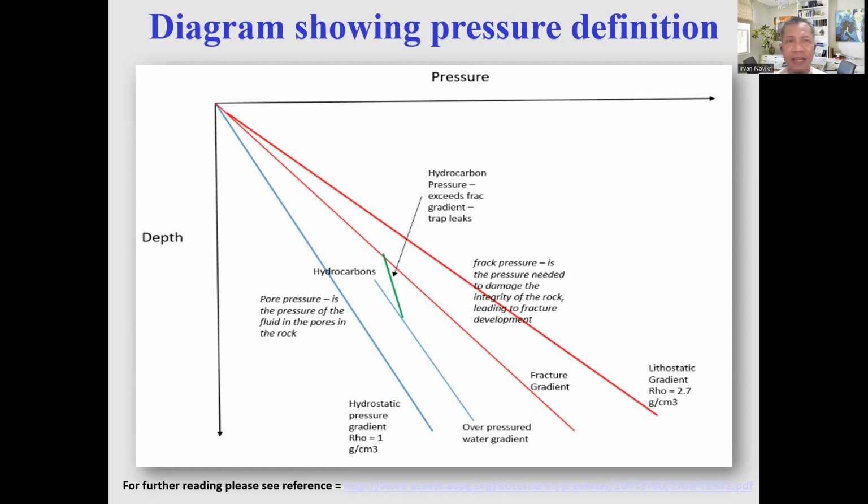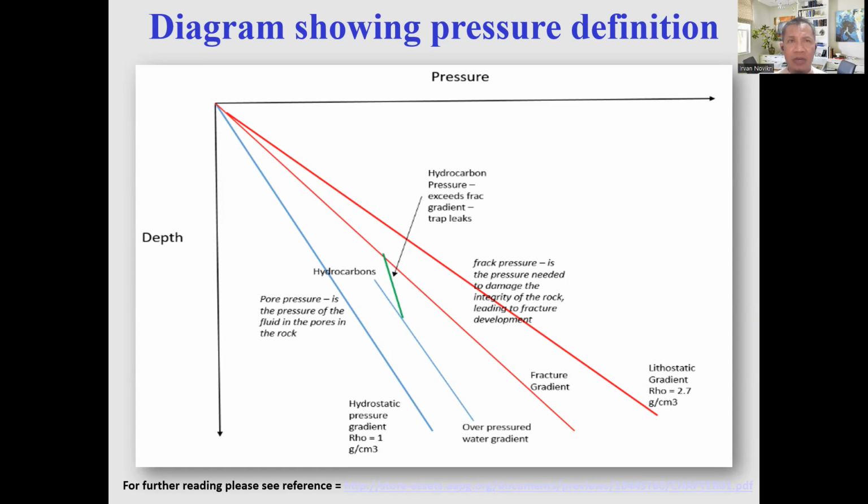The second pressure we call lithostatic gradient, the pressure exerted by the weight of the rock and fluid in the overburden. The gradient varies depending on rock type, normally about 1 psi per foot or 23 kilopascals per meter.